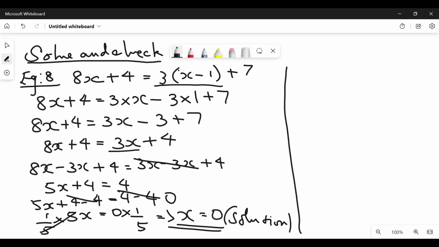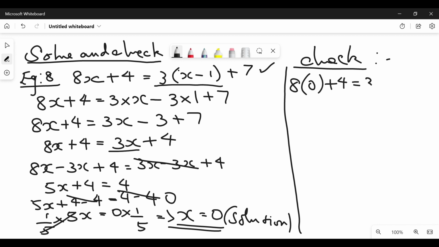How do we confirm that this is your solution? As I taught you in the earlier example, I am going to show you how to check the result. Take the value you got and substitute it in the beginning of the equation. 8 times 0 plus 4 is equal to 3 times (0 minus 1) plus 7.